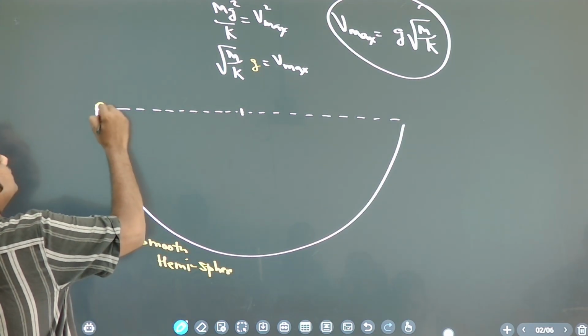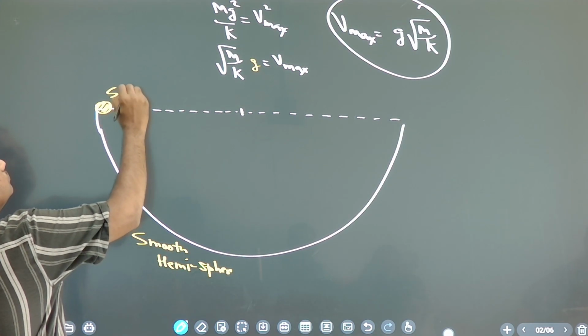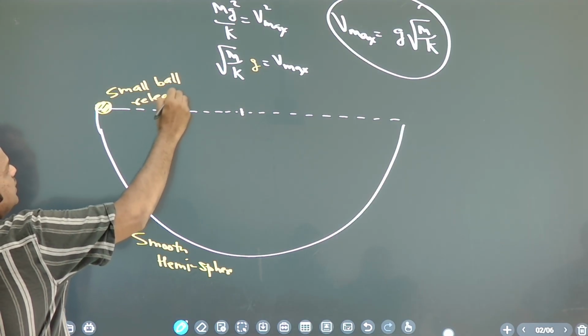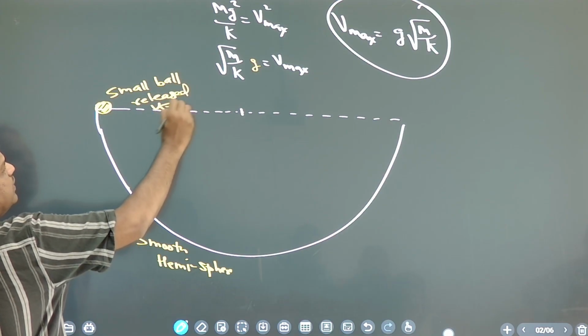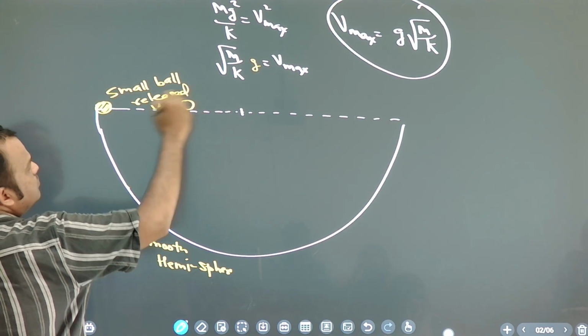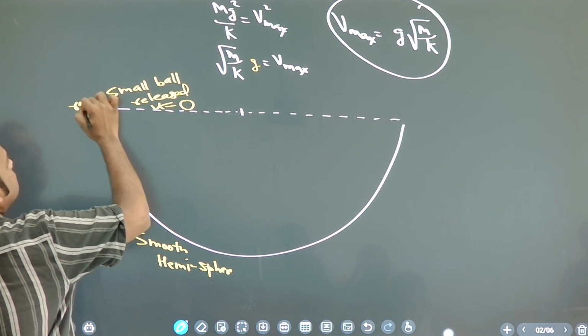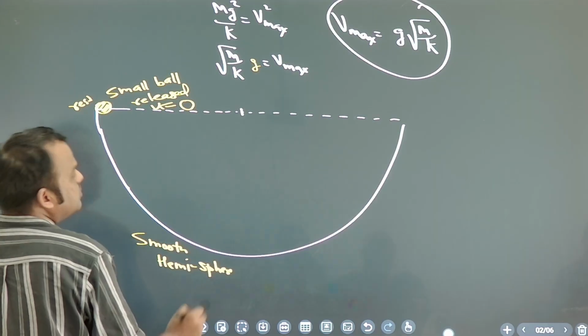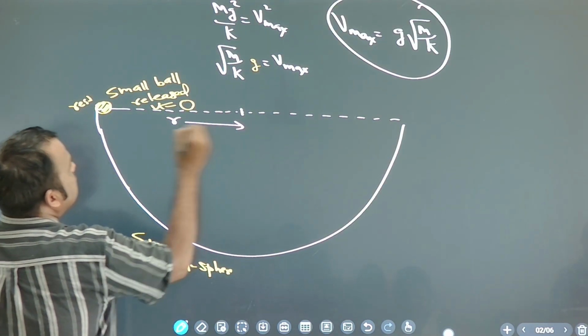Now the ball is released. This is the small ball released. So what is the speed here? Tell me speed. Released from rest, so u0. Now for the hemisphere, what is the radius? R. R is the radius.